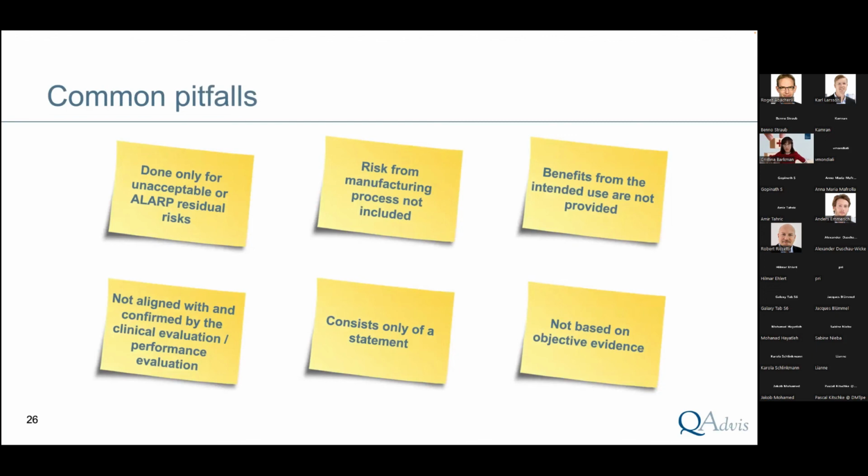Benefits from the intended use are not provided in many benefit risk analyses. I just see a statement. They say the benefits from the intended use outweigh the residual risk, and I say, but what are the benefits? They are not provided. They are not listed anywhere. So that's a common mistake. The benefit risk analysis often consists only of a statement that the benefits outweigh the residual risk, but it's again not supported by any evidence.